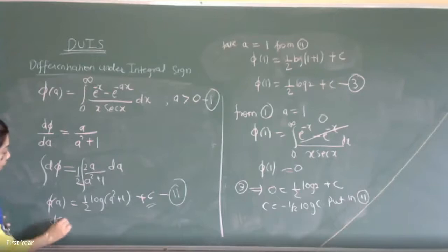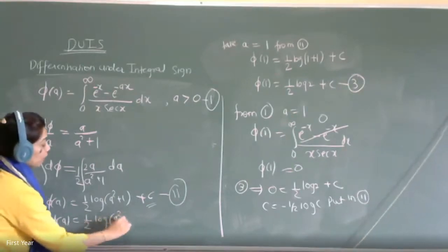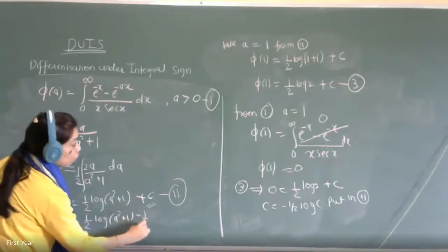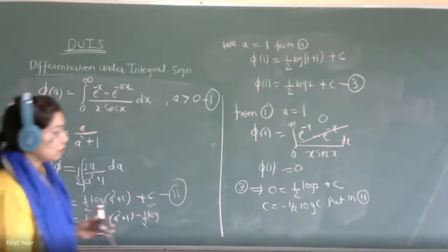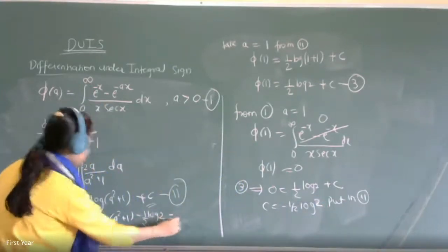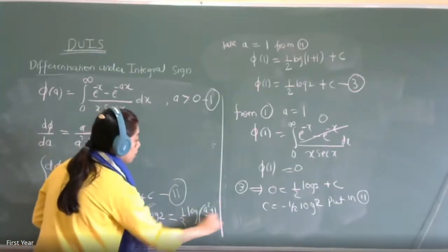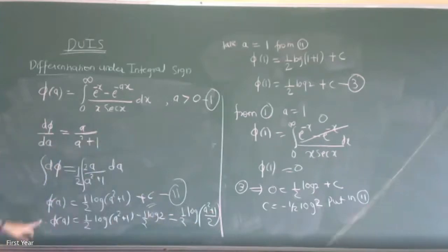Therefore phi of a, which was the integration asked, is half log of a square plus 1 minus half log of 2, which is half log of a square plus 1 by 2. That is the formula, which we would never have obtained by any of the standard methods that we have done till now.